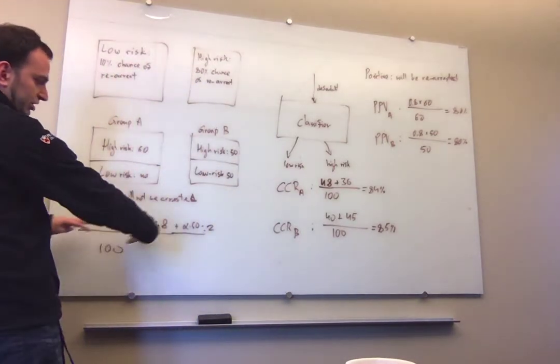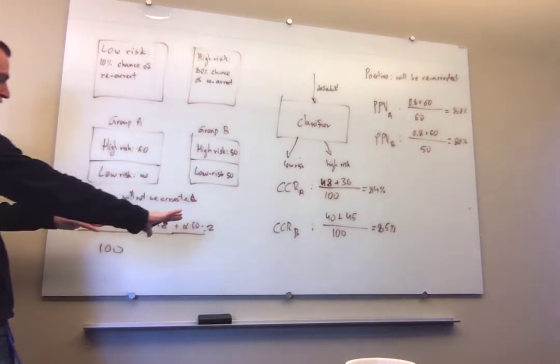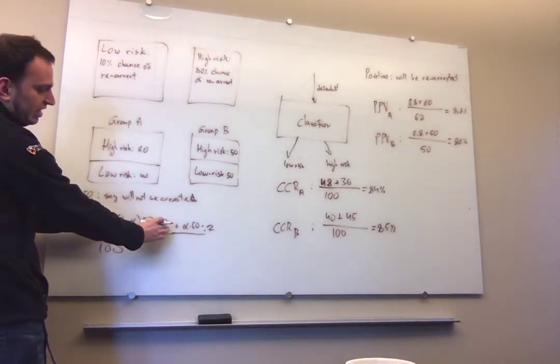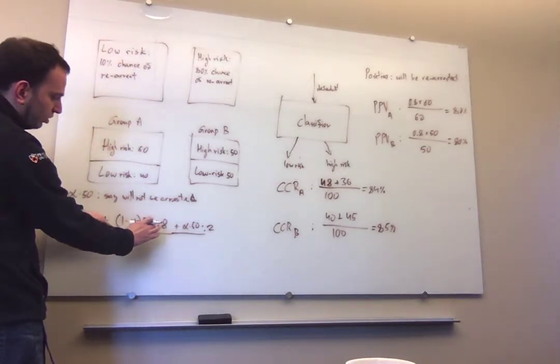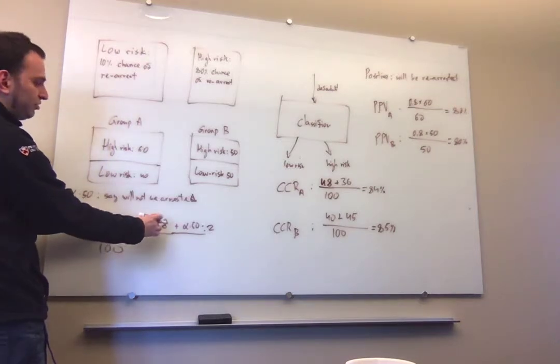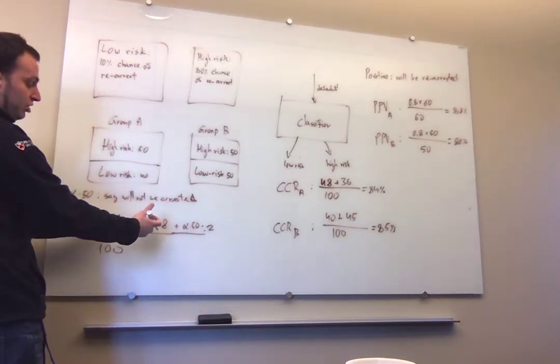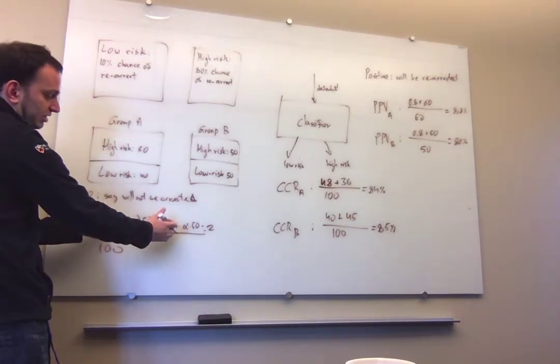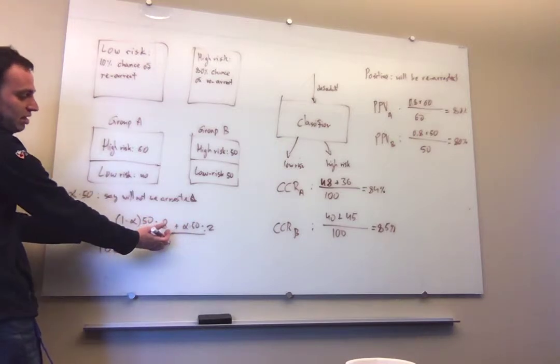Okay, so I'm just counting all the people about whom I'm right. This is the low risk people, and out of them, I'm right about 45 of them, nothing changed. Here, I'm saying they will be arrested for 1 minus alpha times 50. If alpha is 0, I'm just going to say yes to 50 people, and in 80% of the cases, I'm going to be right.